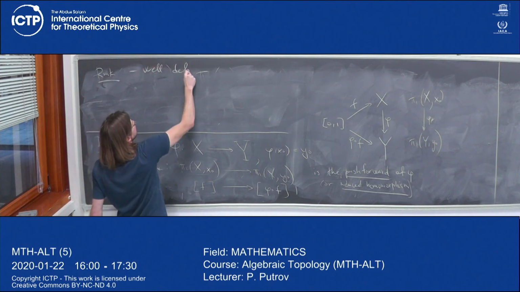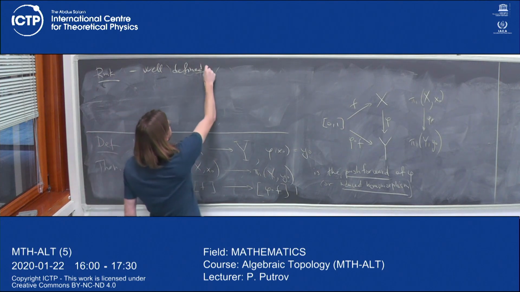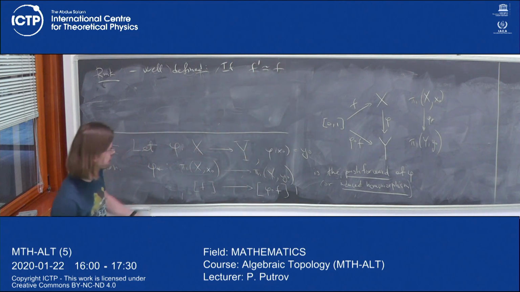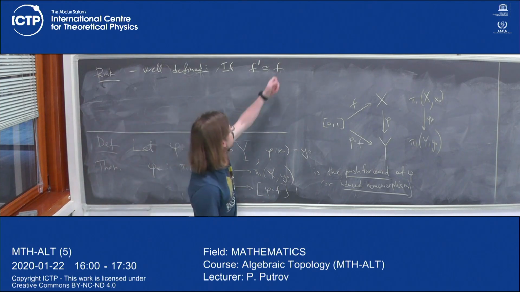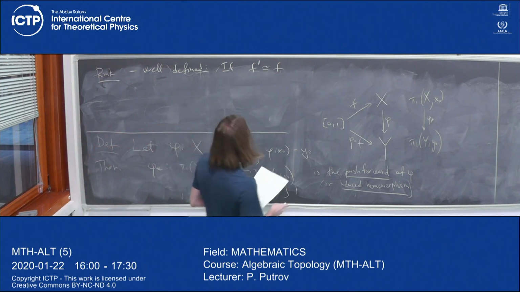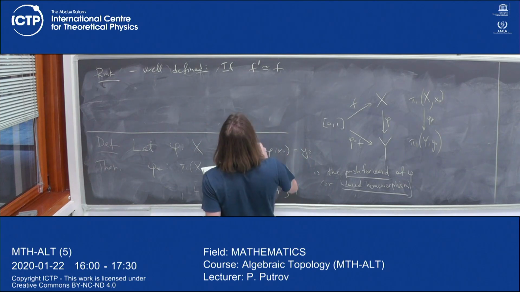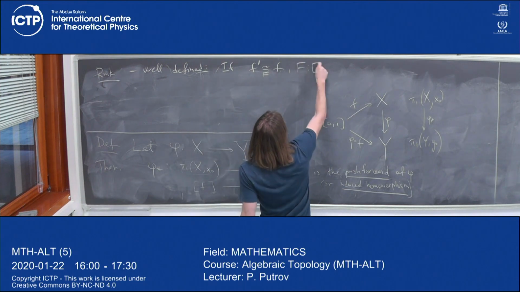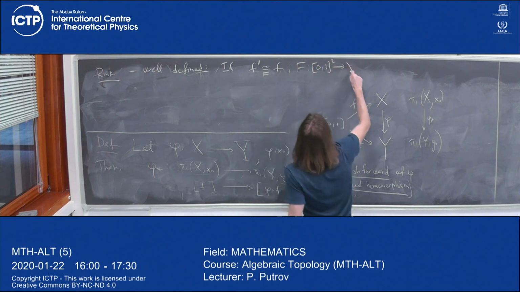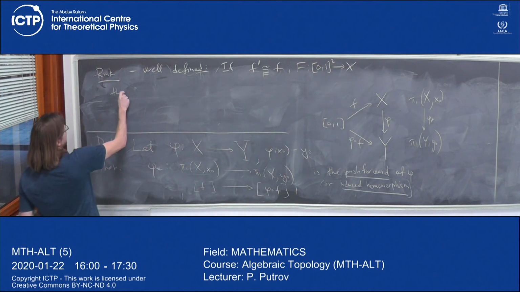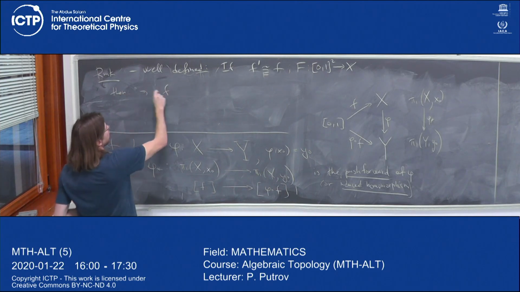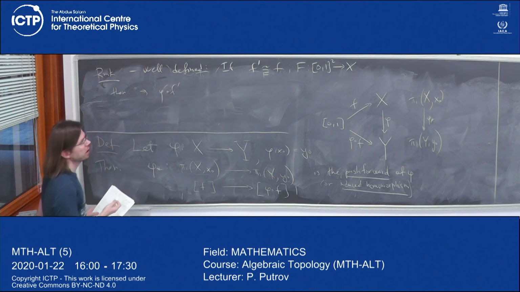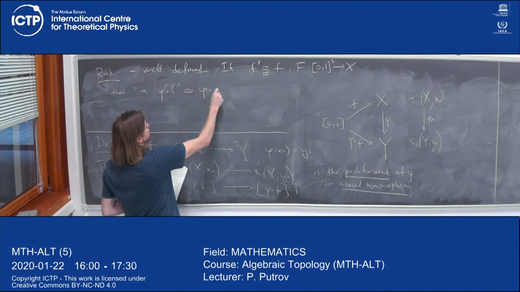Actually it is, because if I take some other path in X which is path homotopic to my path f, then suppose there is some path homotopy F. Then I can compose it, and this gives me a path homotopy between the following compositions.